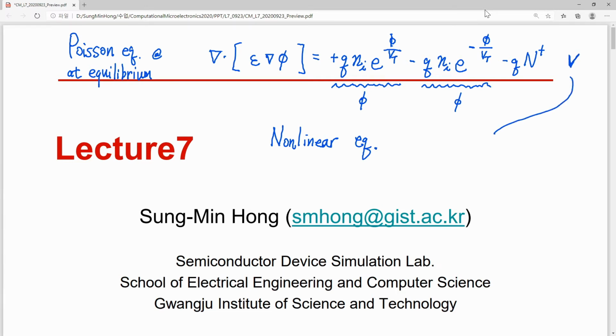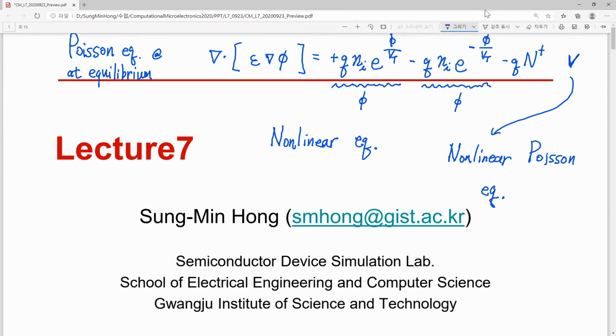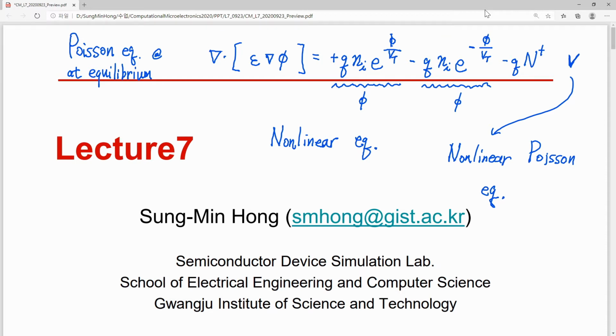So, the Poisson equation at equilibrium written in this form is frequently called the non-linear Poisson equation in computational microelectronics. But that does not mean that this equation, or the Gauss law, has changed in its nature at equilibrium.